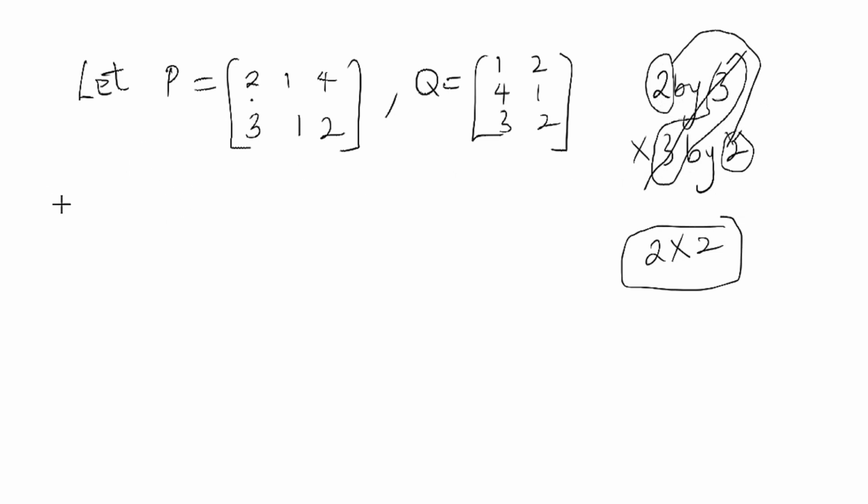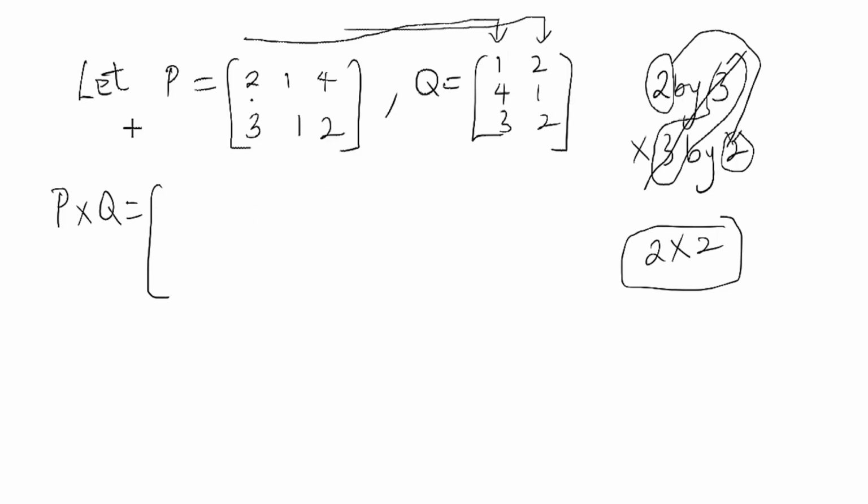So let's solve. When we say P times Q is equal to, now when we are multiplying, you multiply the first row by the first column, and you add up everything, then multiply that same first row by the second column. You add up everything. You also do the same for the bottom.